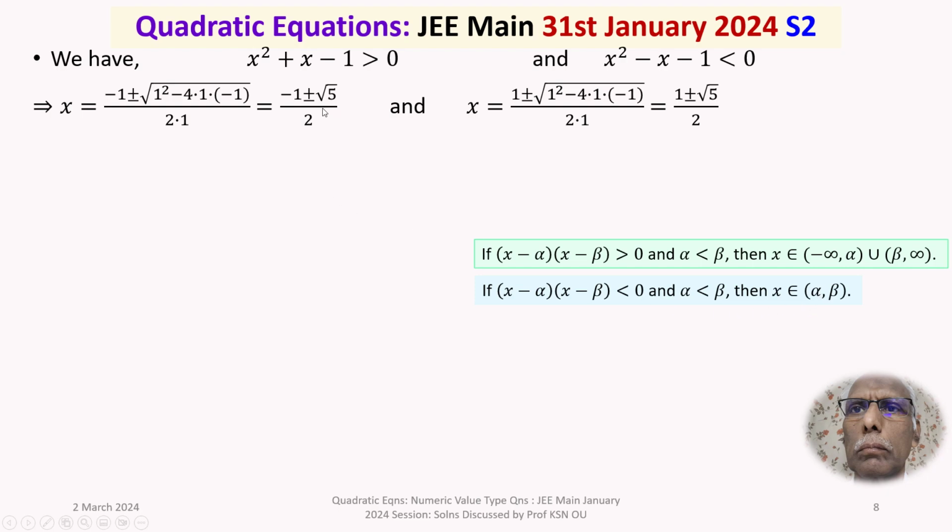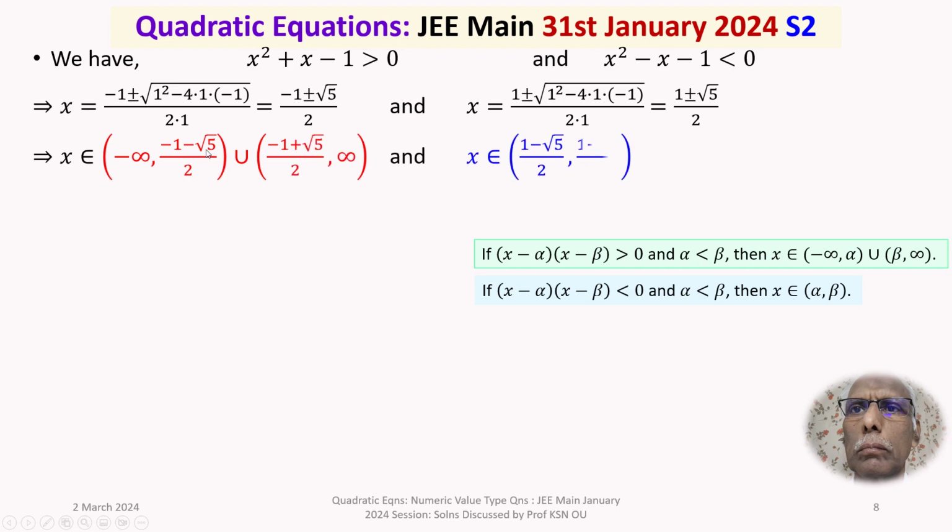Alpha is the small root and beta is the bigger one, bigger than alpha. Now let us see for this, x belongs to minus infinity to alpha union beta to infinity. This is the one from this, and from this x belongs to alpha, the smaller one, 1 minus root 5 by 2, comma 1 plus root 5 by 2. So this is using this inequality, and these two roots you can write down using this one. These two results we know from our earlier classes, right?